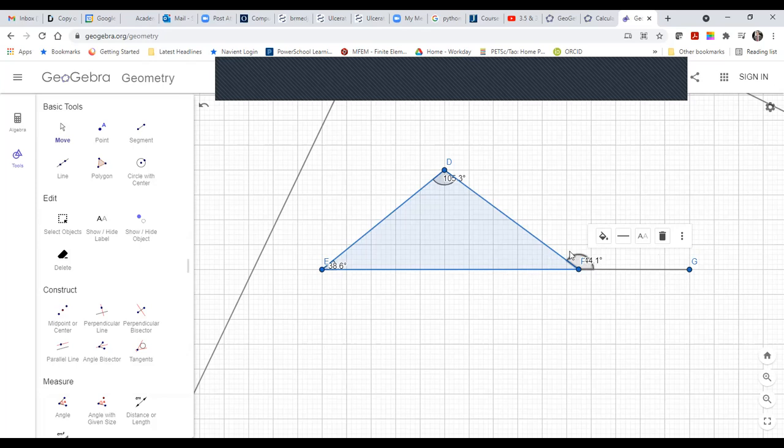Yeah, so the sum of these two angles will be equal to this angle, right? Okay. I think this one should be 144, right?